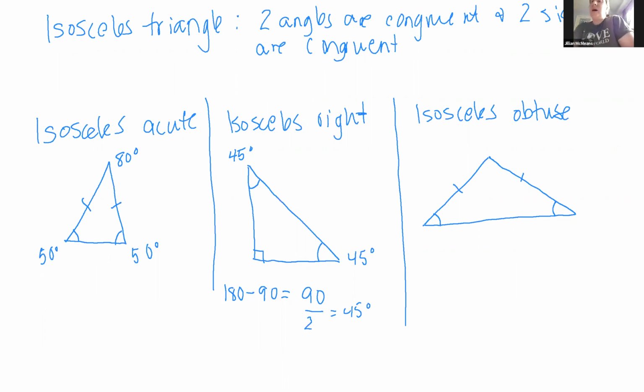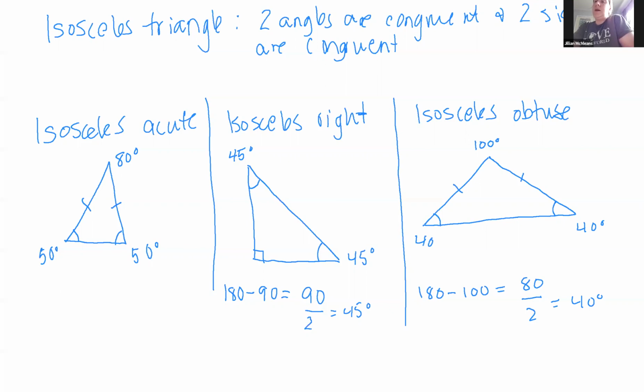So let's say this top angle is 100 degrees, okay? We know a triangle has to have 180 degrees, so I subtract the 100 degrees that I've already used. That leaves me 80 degrees to split between the two remaining angles. So the two remaining angles would be 40 degrees.